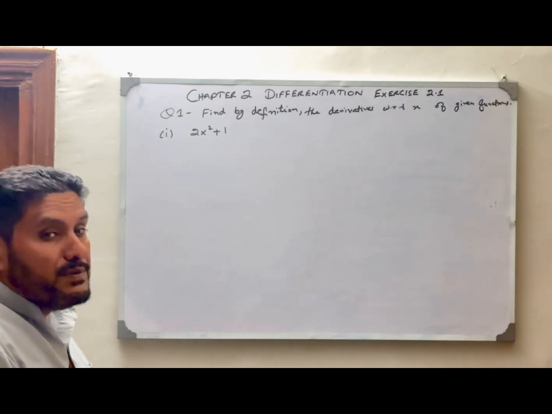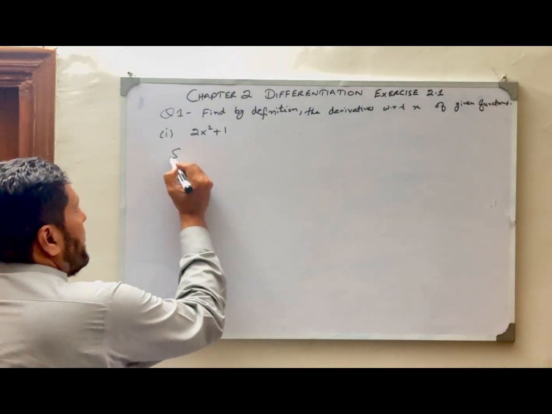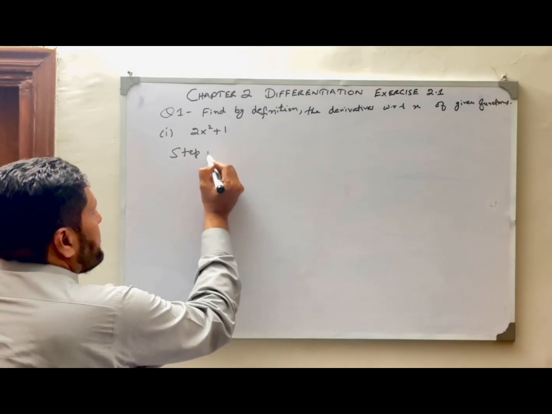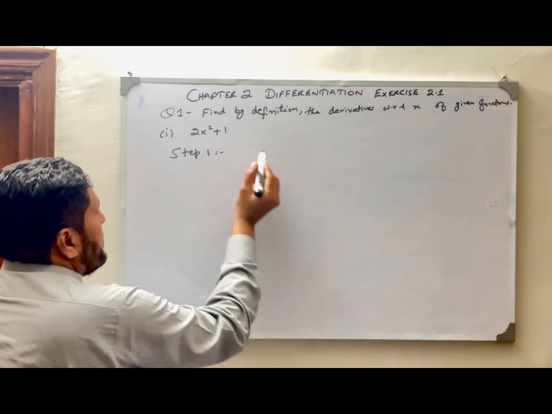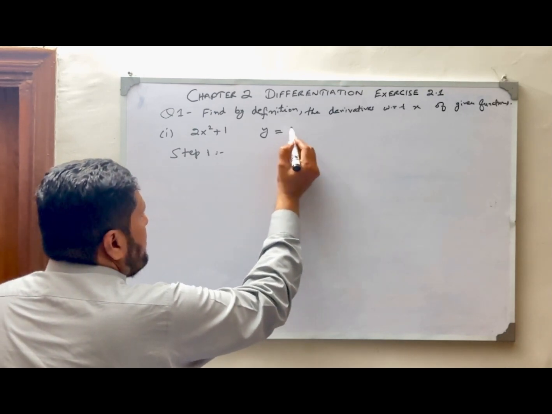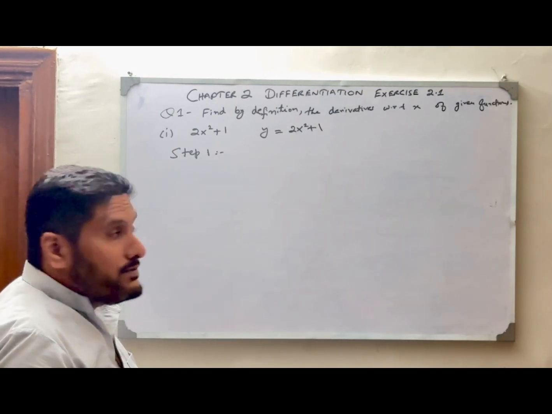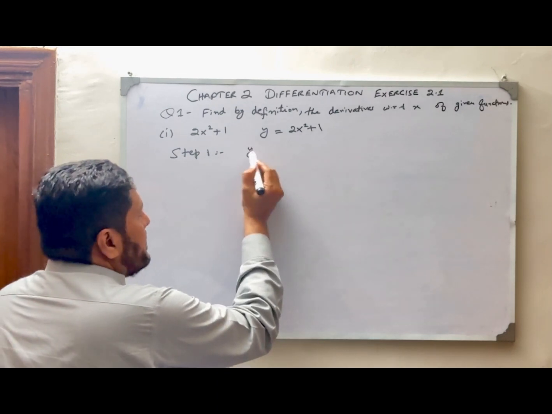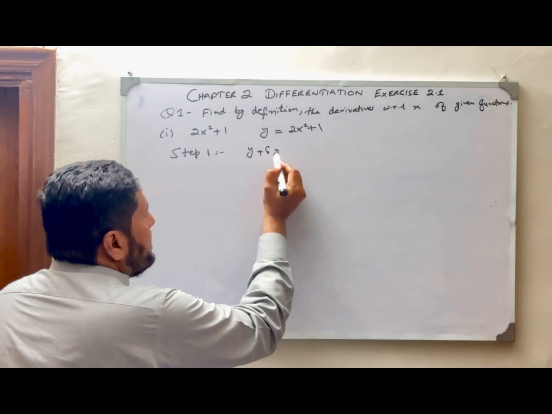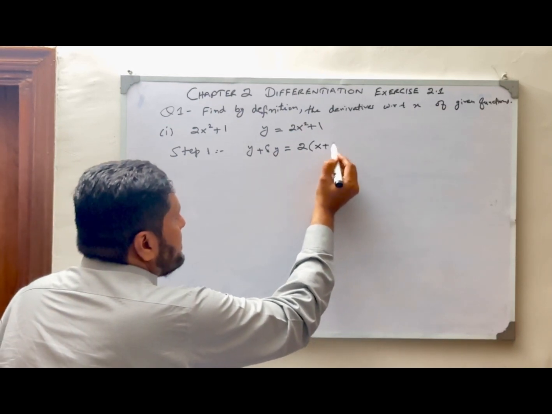In question 1 part 1 the function is 2x square plus 1. So in step 1, our y is equal to 2x square plus 1. We have to calculate y plus delta y, that will be equivalent to 2 into x plus delta x, whole square, plus 1.